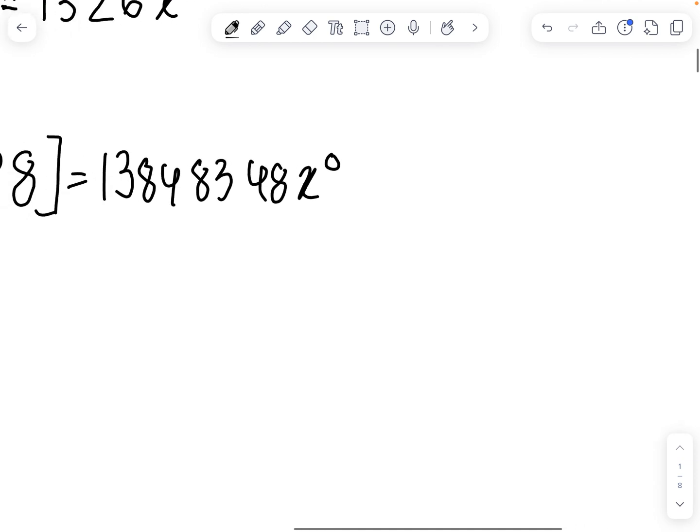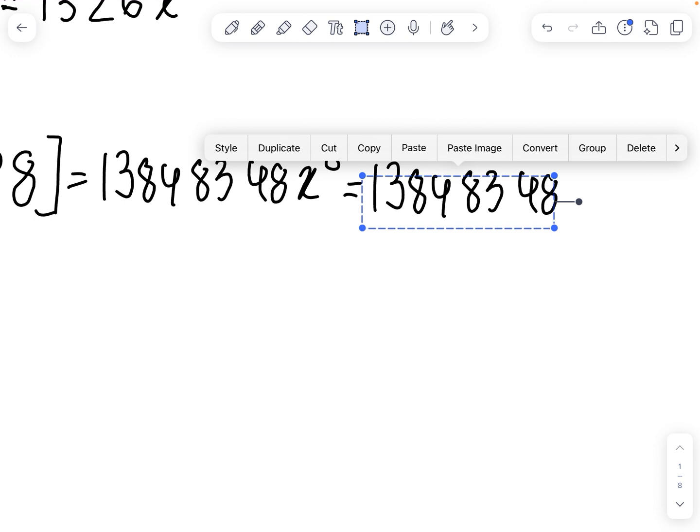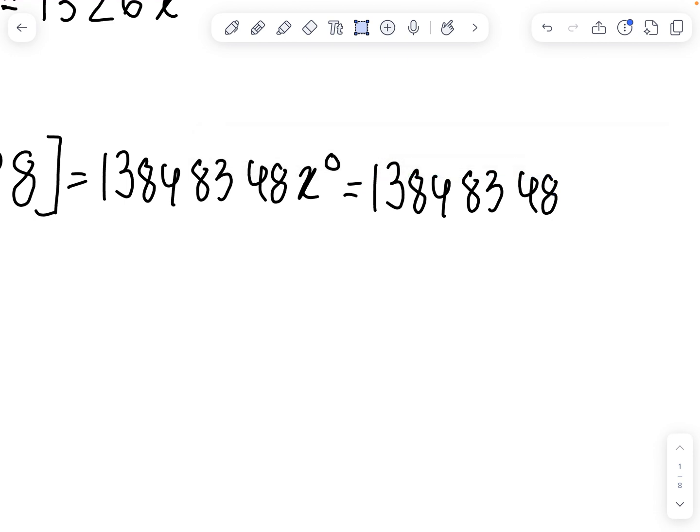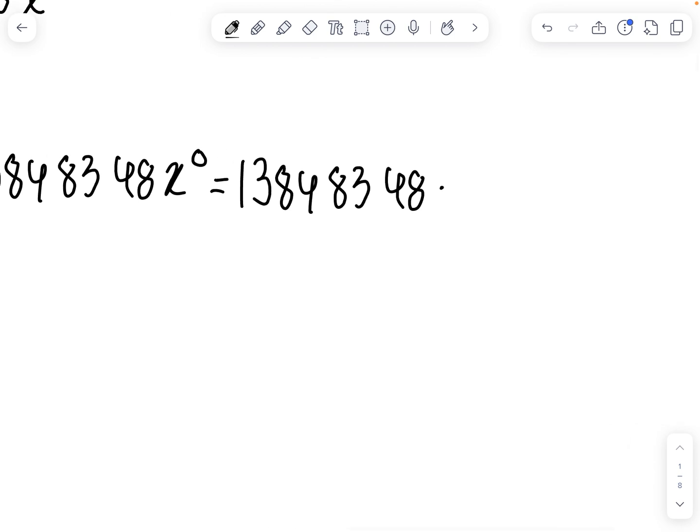When you apply the power rule to this, you'd get 0 times this number times x to the power of 0.